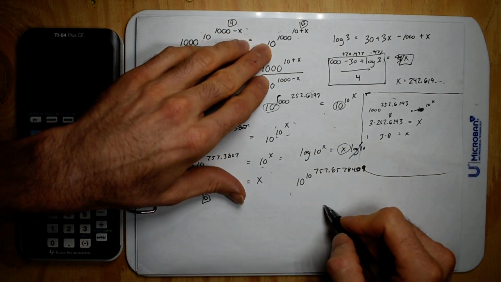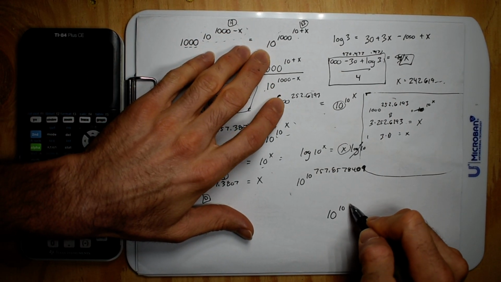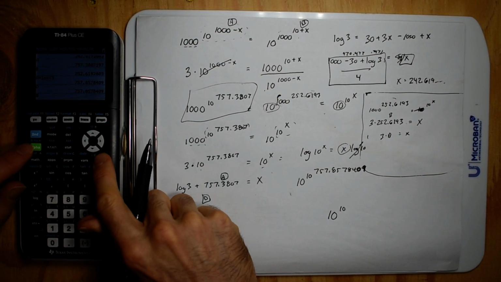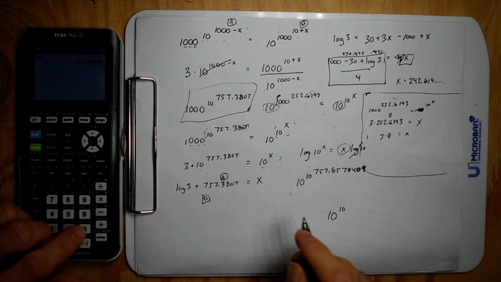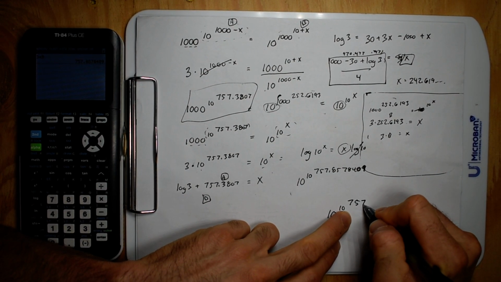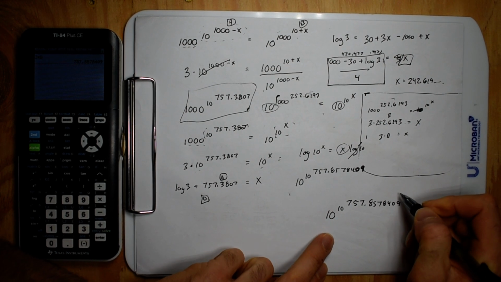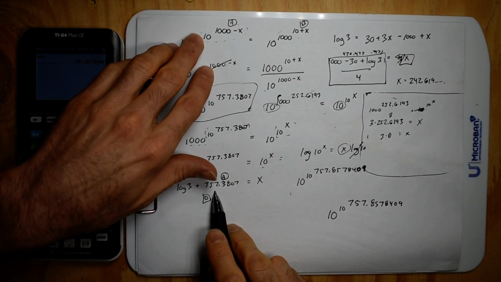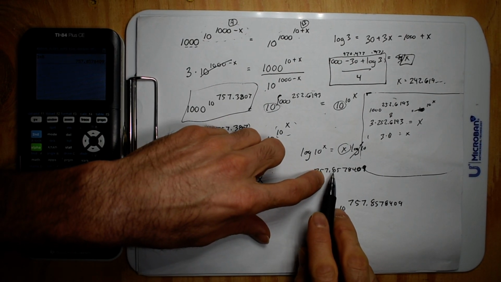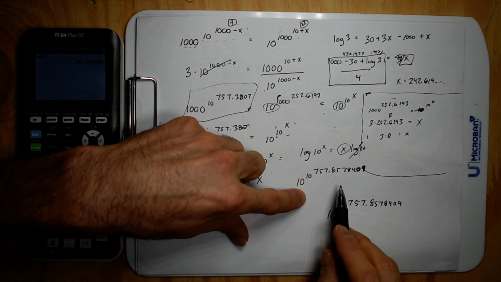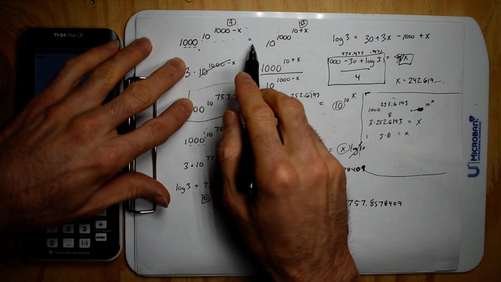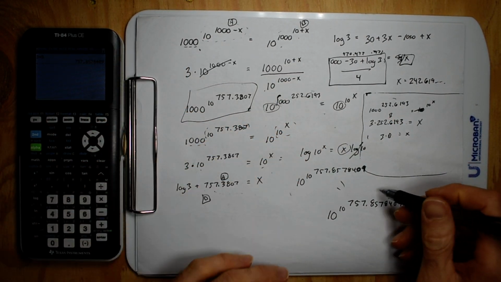So this number right there is 10 to the 10 to 3 times alpha B, which is 757.857.8409. And what did we say this side was? 757.857.8409. Those are equal, and we did a double check.